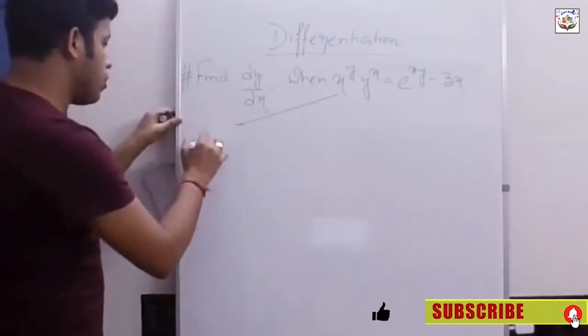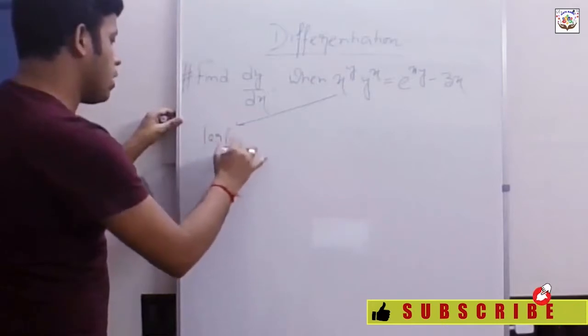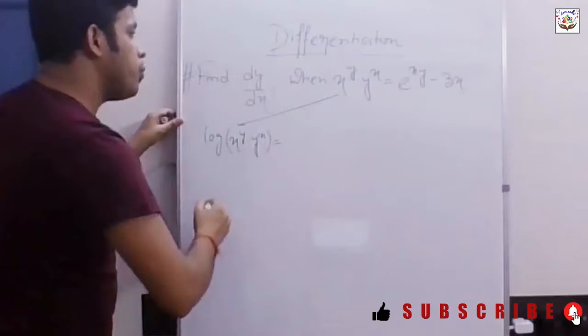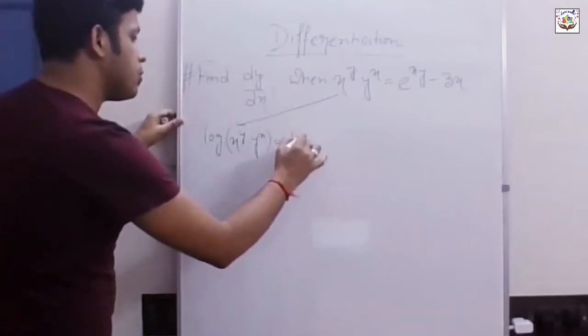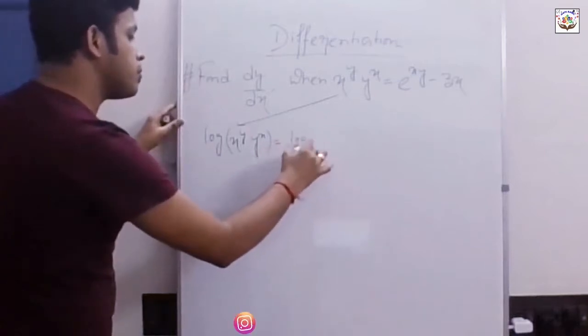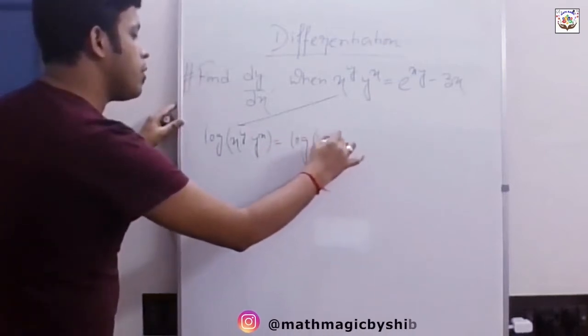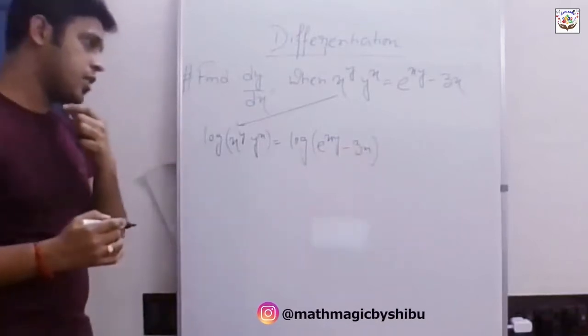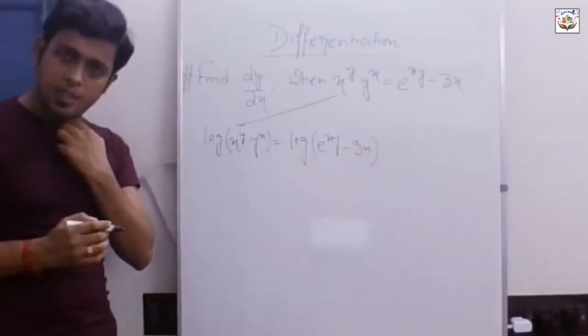So if we impose log, then log of x to the power y into y to the power x would be equal to log of e to the power (xy minus 3x), right? I'm just putting log on both the sides.